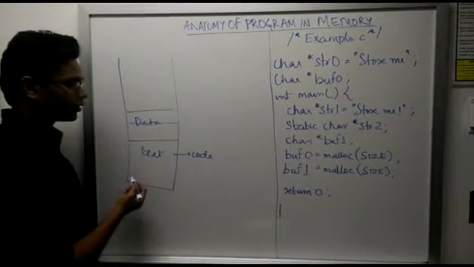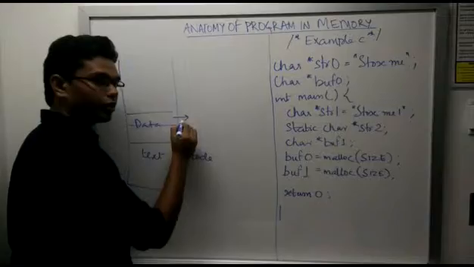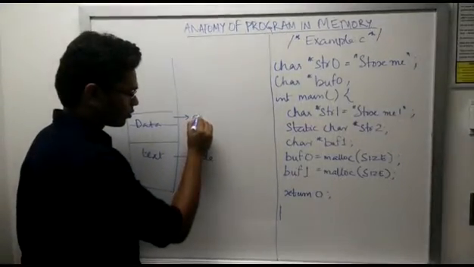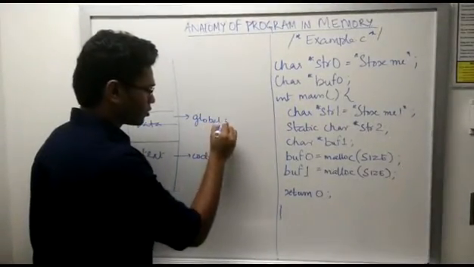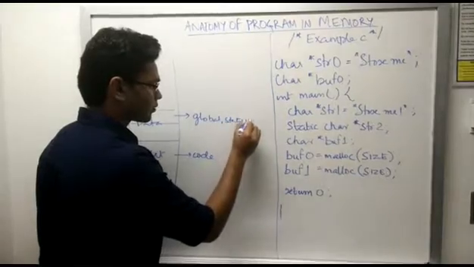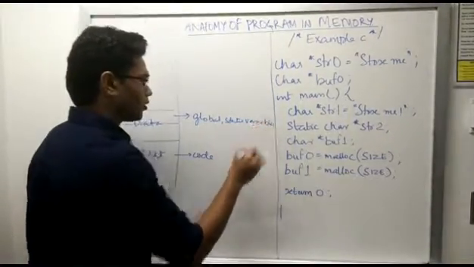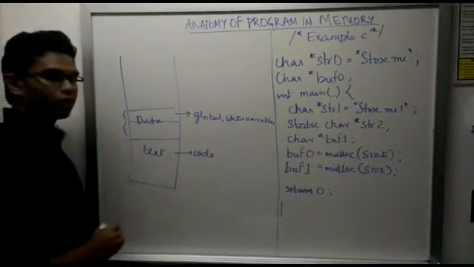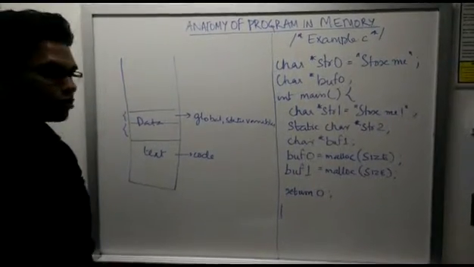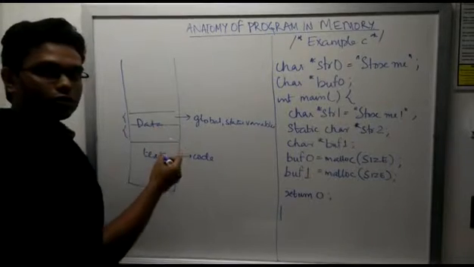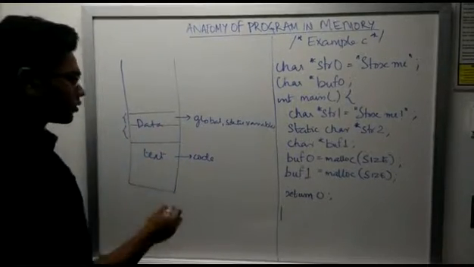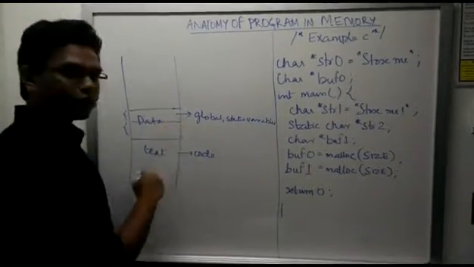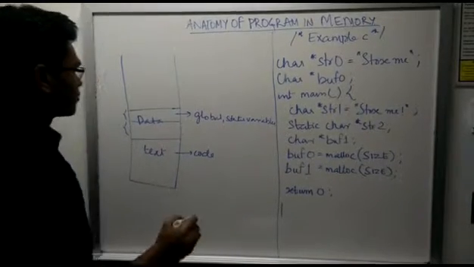I won't be going into the details. Your data section will usually have your global variables, your static variables. A point to note is the size is actually fixed. So when the program is loaded, the memory gets allocated at that point of time itself.